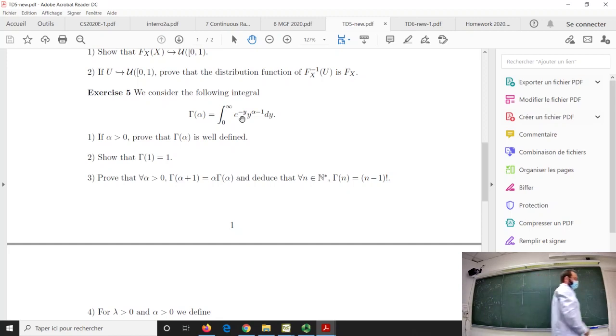So I have an even mapping. In particular, the integral from 0 to plus infinity is the same thing as the integral from minus infinity to 0. So 2 times this part is just the whole integral here. This is using the symmetry.